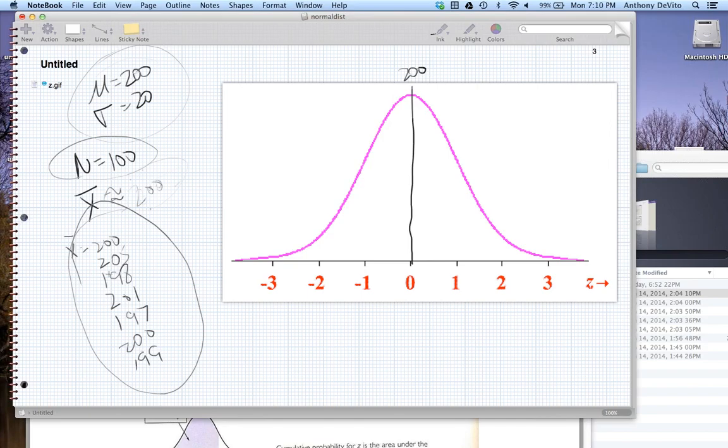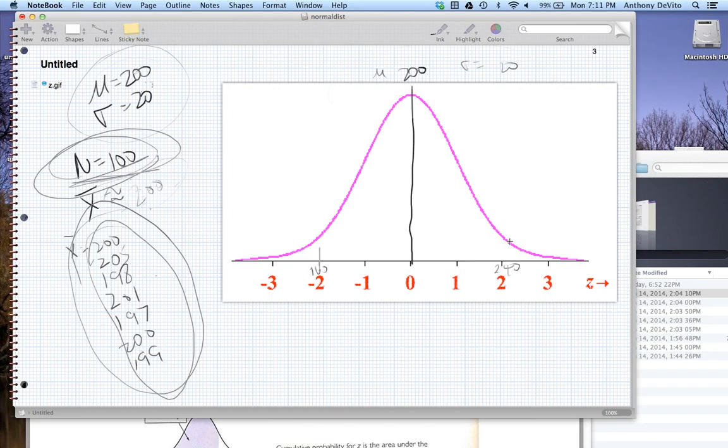Basically, what's happening here is that when I take a large sample from a population, the variability of the means that I get taking a large sample over and over again from the same population is much smaller than the variability in the population. Remember, this was mu equals 200, sigma equals 20. If this represented the population, then 95% of the distribution would have been between 160 and 240, right?